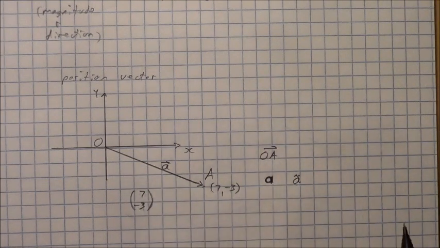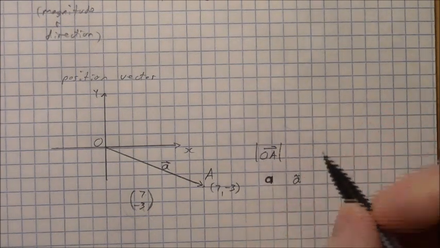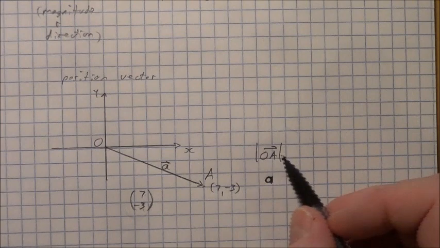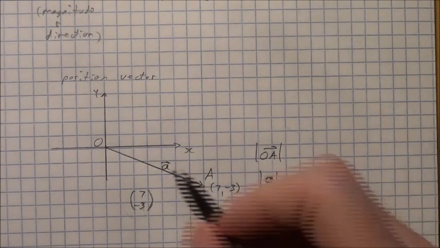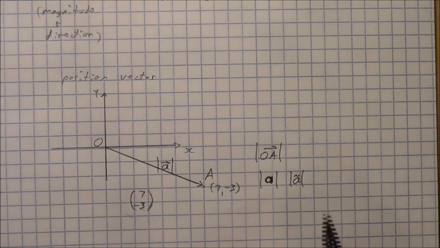The length of it, if we were to just put absolute values, well, it's not absolute value, but that's the magnitude of vector OA, the magnitude of vector A, like this. So we just put the magnitudes on it to find the length of that.